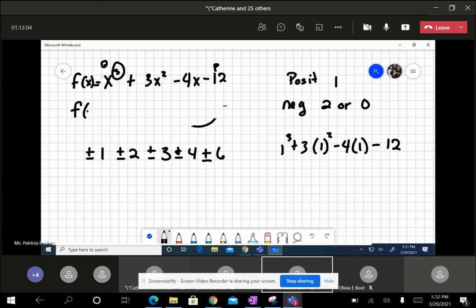So I would have negative 1 to the third plus 3 times negative 1 squared minus 4 times negative 1 minus 12. I'm pretty sure that I have more negatives there than I have positives. We're not going to get a 0 out of here.